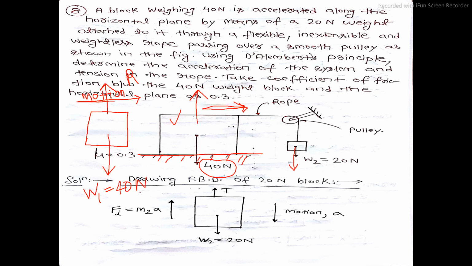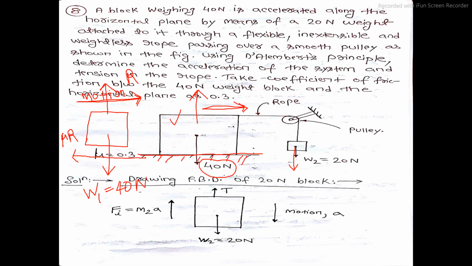The bigger block is moving in this direction, so at the contacting point frictional force will act in this direction, that is along negative x direction, and its magnitude is mu into R. Mu is the coefficient of friction at the contacting point of the bigger block and the horizontal surface, into the normal reaction which the horizontal surface is giving to the bigger block.